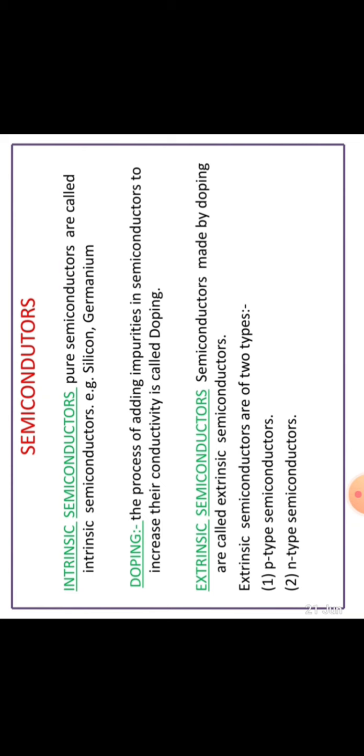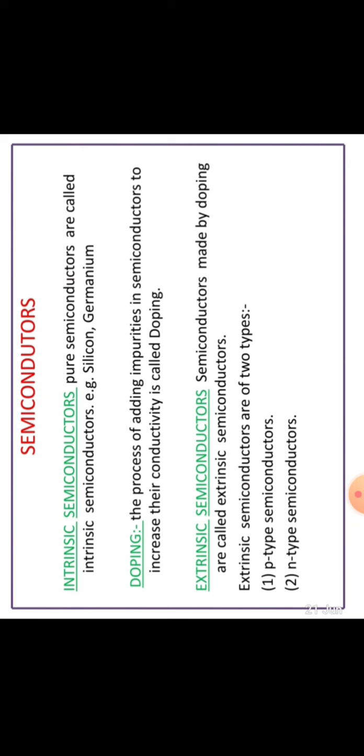Next is semiconductors. So we will study semiconductors in detail. Semiconductors are of two types. First, let me tell you which elements are classified as semiconductors. In the periodic table, you know the group 14 elements except carbon. Carbon has atomic number 6 and the distribution of electrons is 2, 4.